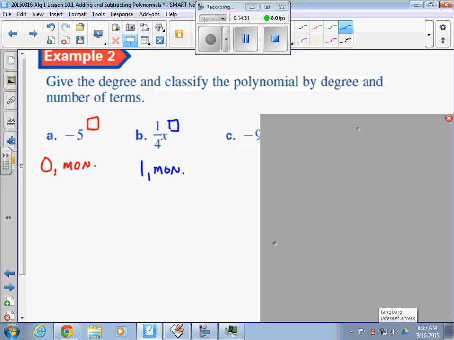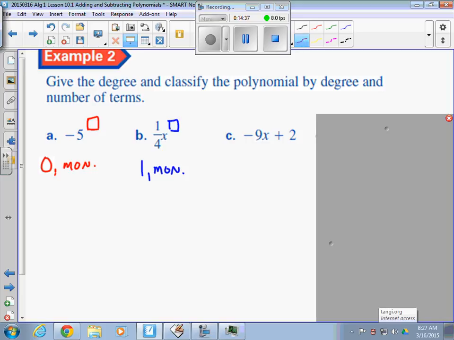What's the difference? What about this one? What's the degree of this one? 1 again. And how many terms are there? 2 this time. See the plus in between? So this will be a first degree binomial.